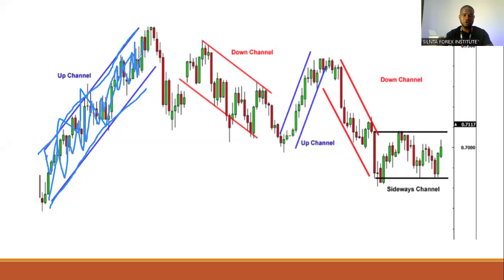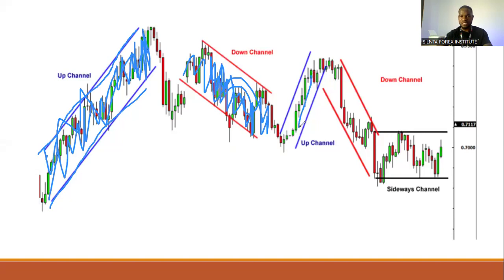Since the market was going up, it's an up channel. The up channel is also known as an ascending channel. That is just a special name. And then in the case when the market was going down, you put your trend lines, and this creates a channel that is known as a descending channel.